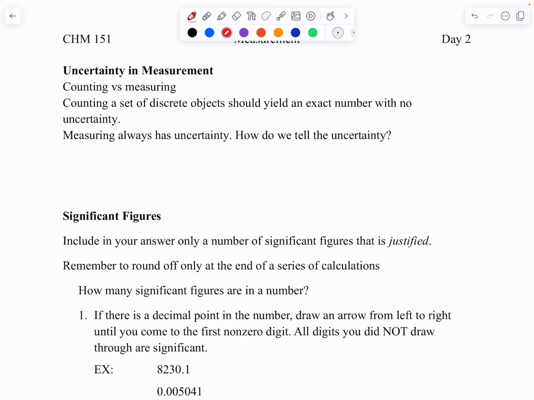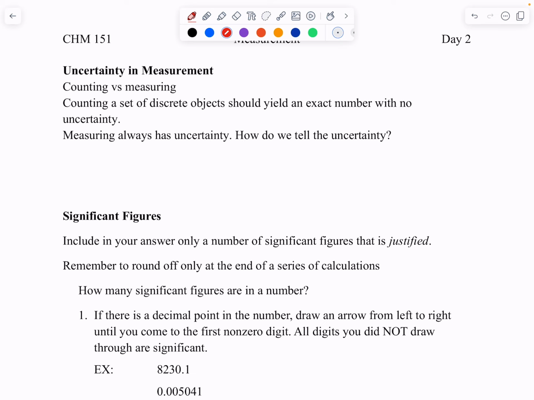We'll talk about accuracy and precision in the end, but measuring always has some uncertainty. That's not necessarily human error. It is down to the limited ability of the instrument. If you think about taking a ruler, gunsmithing uses thousandths of an inch.